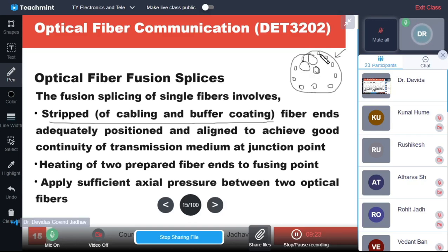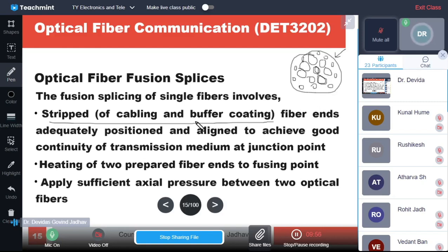So these strings and the cable coating provide the strength to the overall cable. Around the optical fiber there is also a protective material, so that the fibers, due to abrasion with these stainless steel strings, should not get wear and tear.